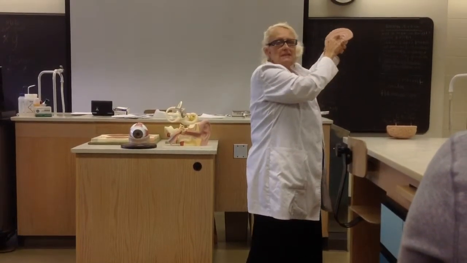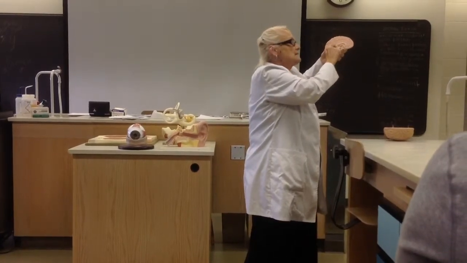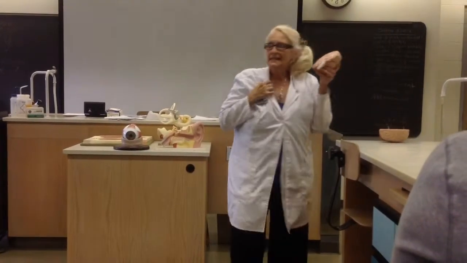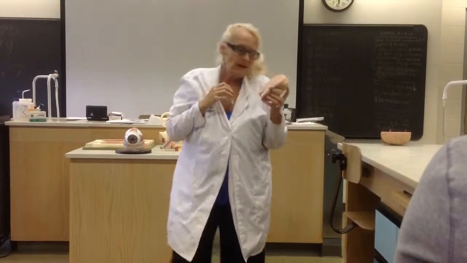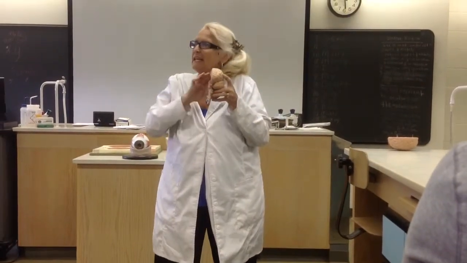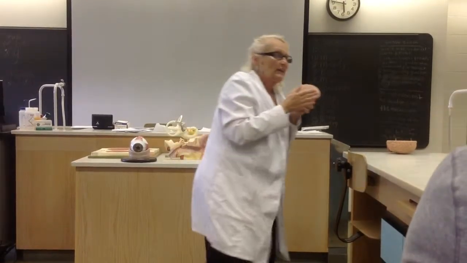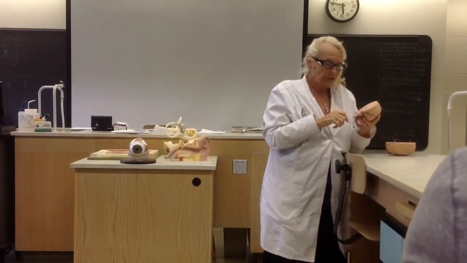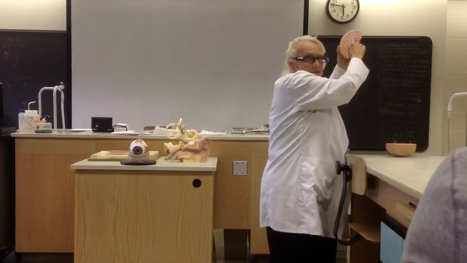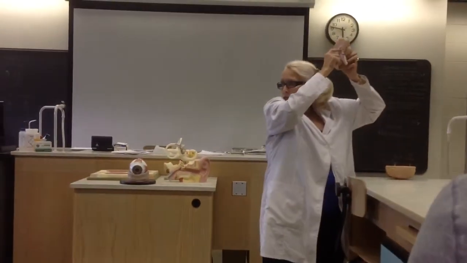This is the corpus callosum. It is a bunch of nerve fibers that allows for communication between the two hemispheres of the brain. It connects the two hemispheres. Right here, lateral ventricle.